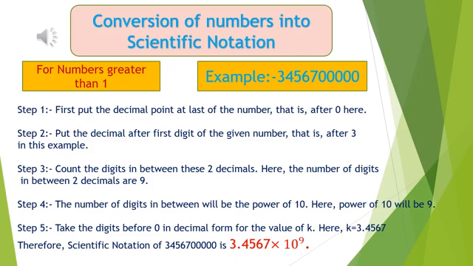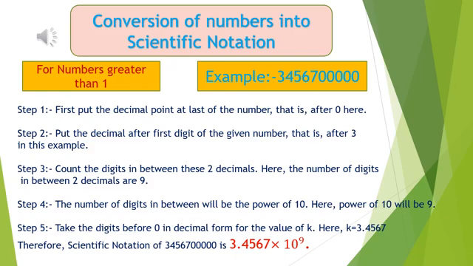Now step number 3 says to count the digits in between these two decimals. So how many digits are there in between these two decimals? I am counting and you have to count along with me. 1, 2, 3, 4, 5, 6, 7, 8, 9.